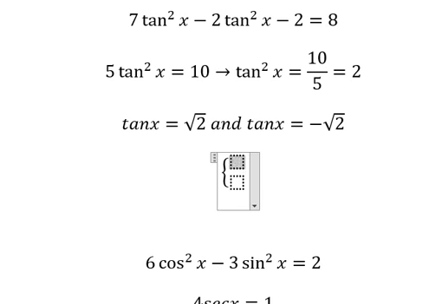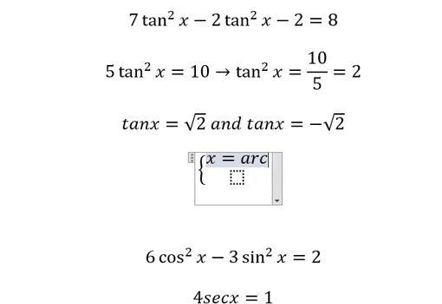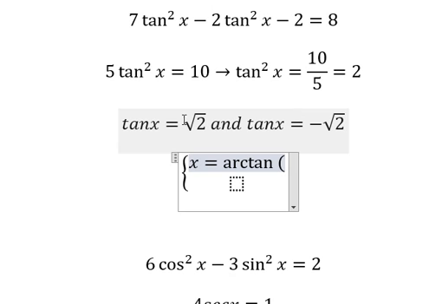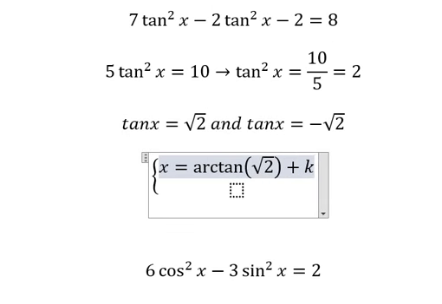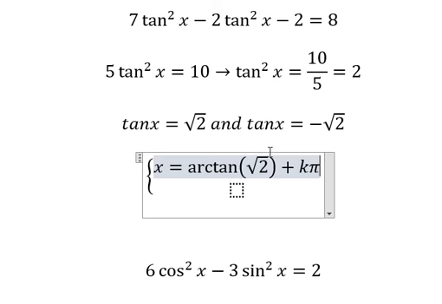That's x equal to arctan of the square root of 2, and we have k pi. And k just belongs to the integers, just like the first one.